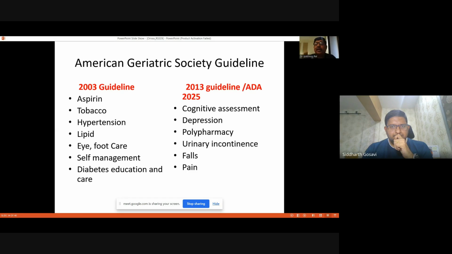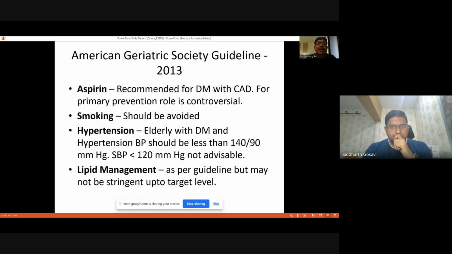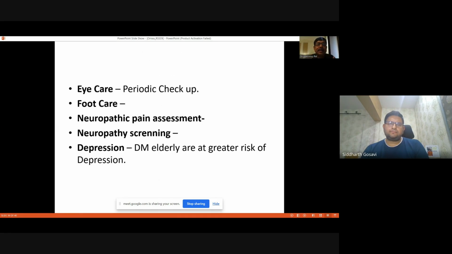But the 2013 geriatric guideline and ADA 2005 gave more importance to cognitive assessment, because the slogan is add life to years: avoiding depression, polypharmacy issues, prevention of recurrent falls, and prevention of urinary incontinence. So aspirin, smoking, control of hypertension, lipid management, eye care, foot care, neuropathic pain assessment, neuropathy screening, and depression management.